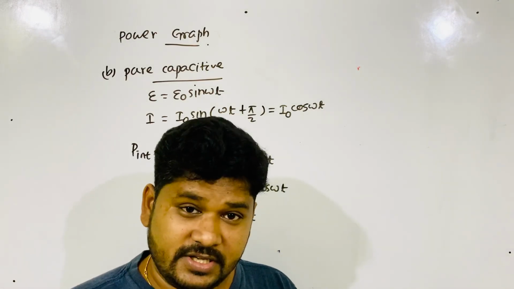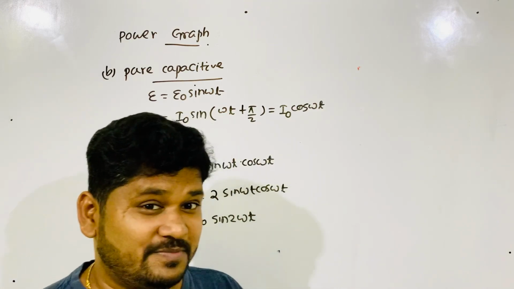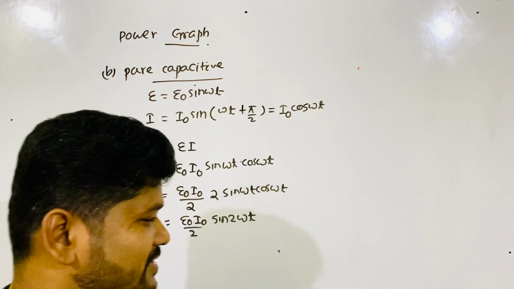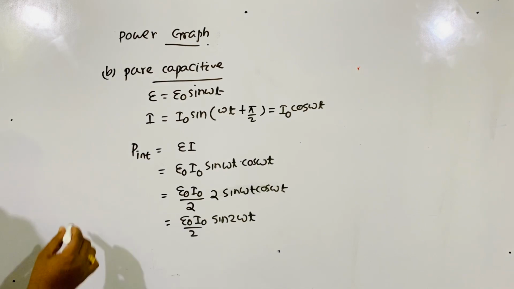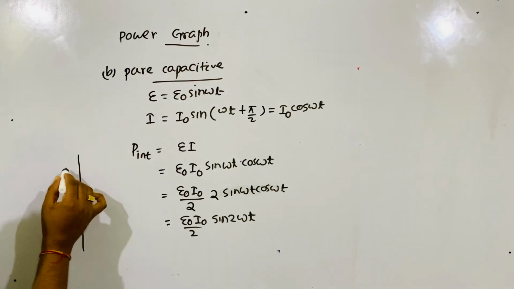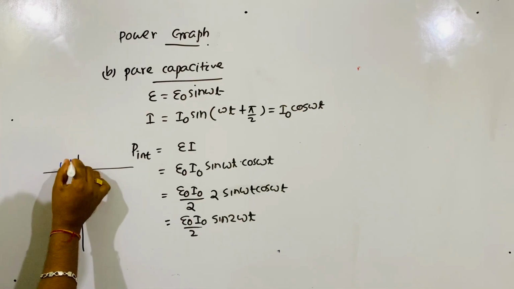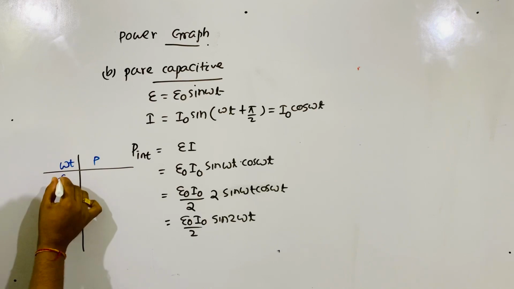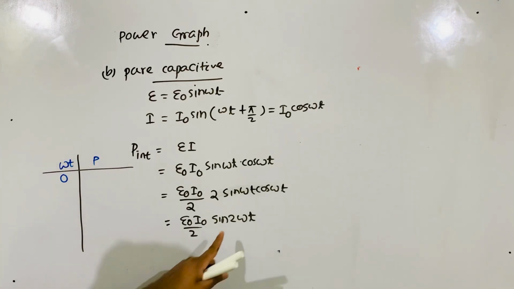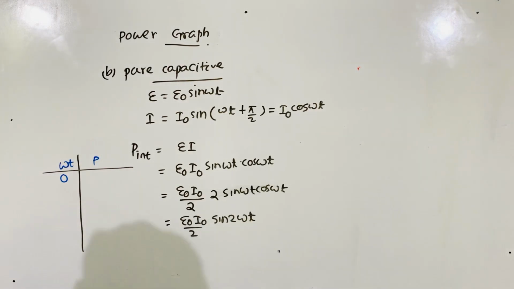Now we'll draw the graph, but before that we have to make a table. Let's make the table of omega t and power. Omega t 0 means sin 0, power 0.